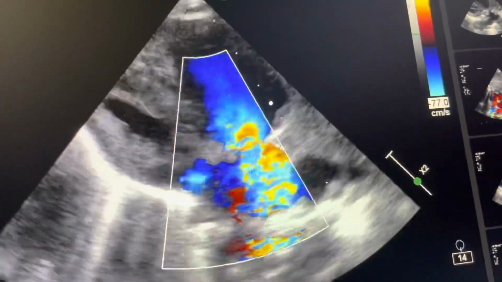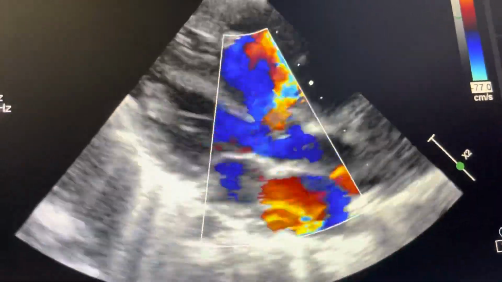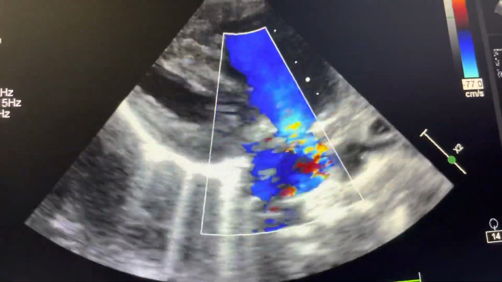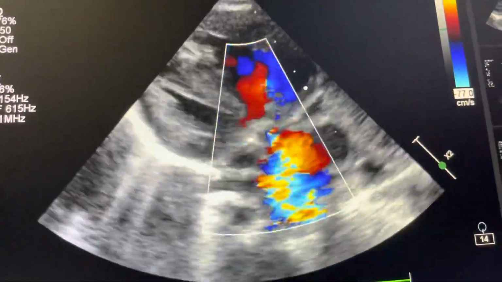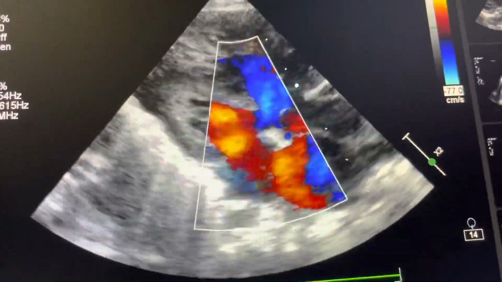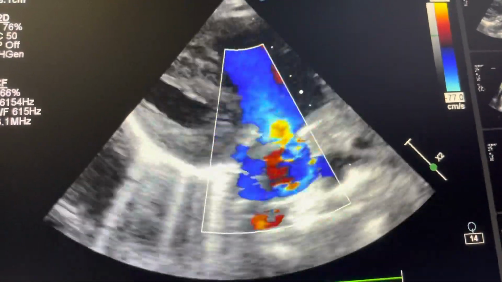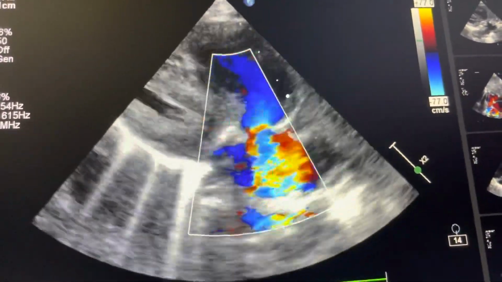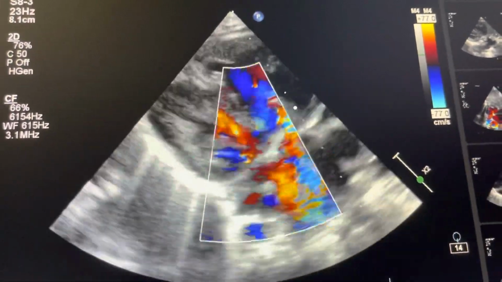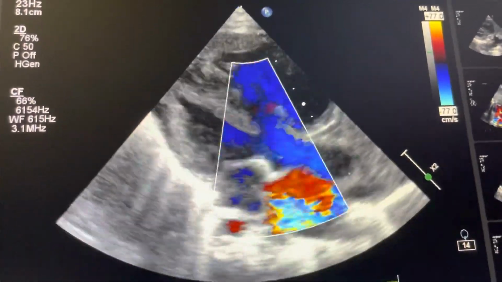Again, see the moving image, and flow across the ventricular septal defect, mainly right to left, and occasionally left to right also.